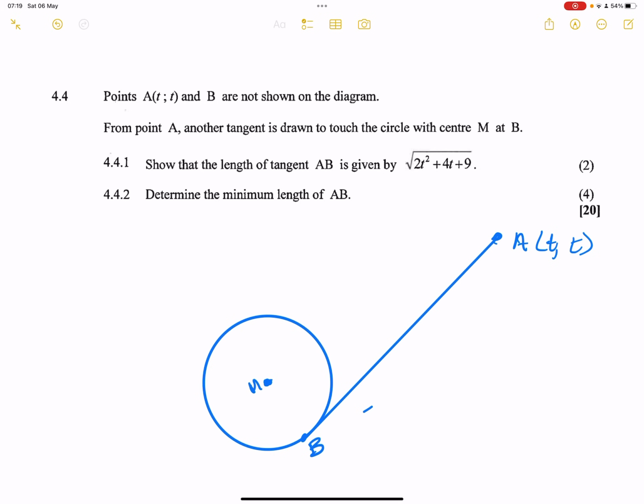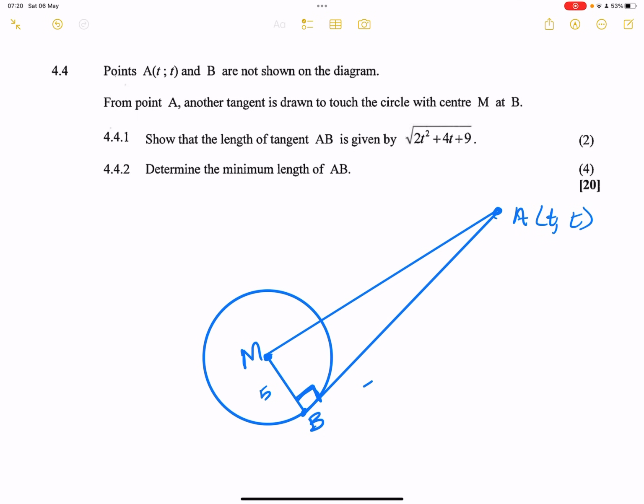Remember we already know the radius, which is 5, so the radius squared is 25. And the tangent-radius theorem gives us a 90 degree angle there. So we want an expression for AB, ladies and gents. I want you to keep that in mind.